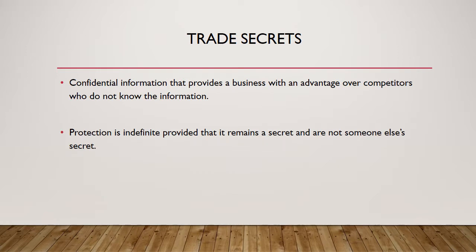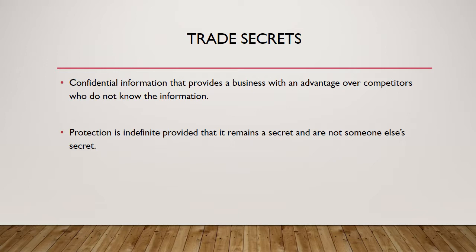The last topic that makes up intellectual property is trade secrets. Trade secrets are confidential information that provides a business with an advantage over a competitor who doesn't know the information. Trade secrets, like trademarks, are indefinite because if it's something that helps you, that's a secret of the company, then it will remain a secret.